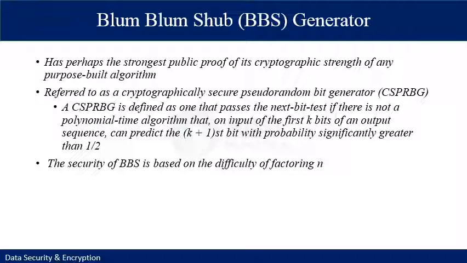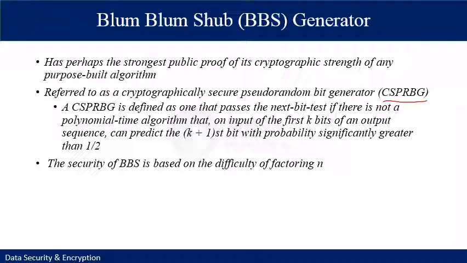It is a cryptographically secure pseudo-random bit generator, defined as one that passes the next bit test if there is not a polynomial time algorithm that, on input of the first k bits of an output sequence, can predict the k plus 1 bit with probability significantly greater than 1 by 2.